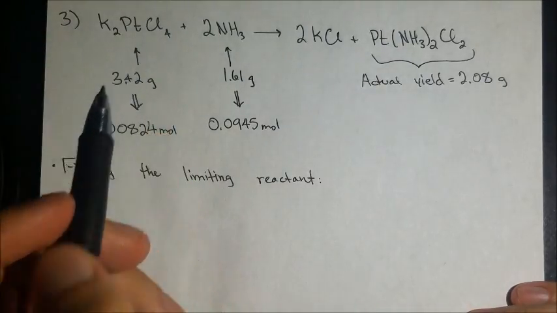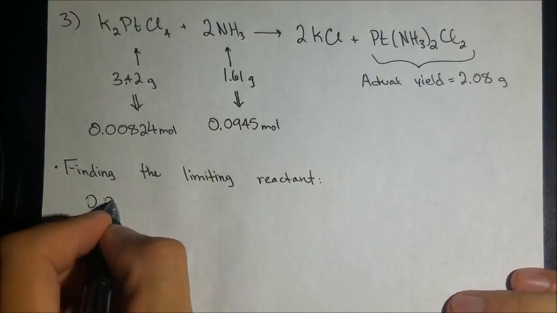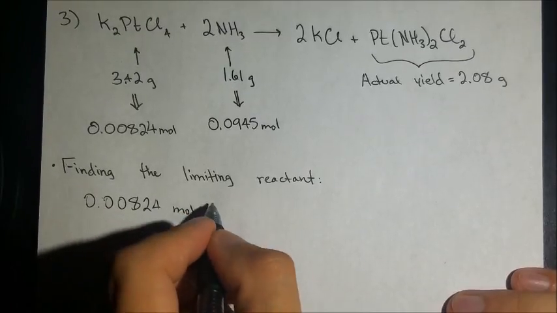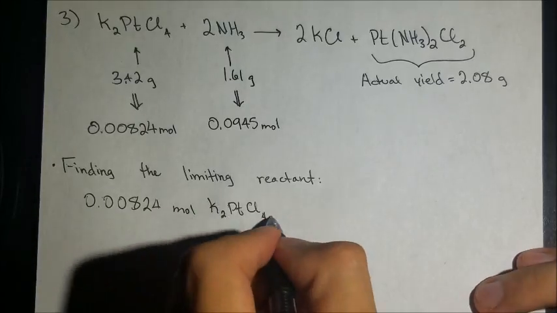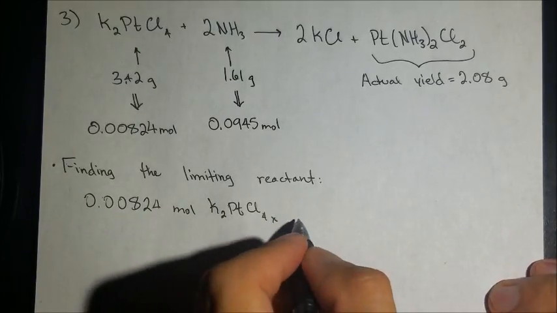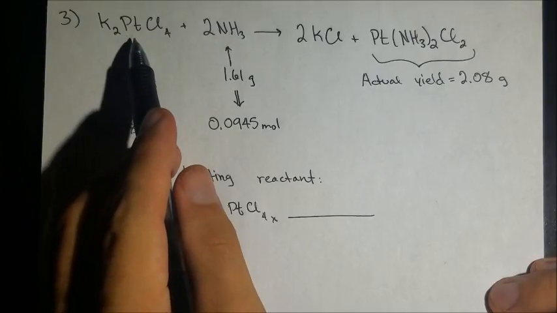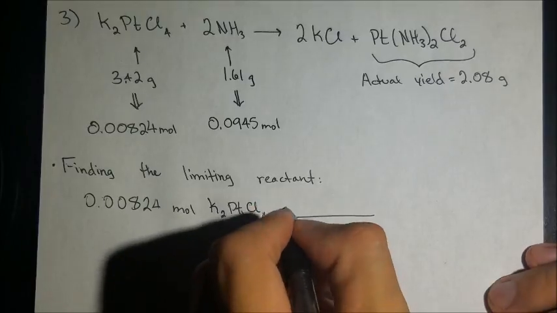Let's take a look at this compound here. So I have 0.00824 moles of it. And from the balanced chemical equation, we learned that 1 mole of this reactant produces 1 mole of this product.